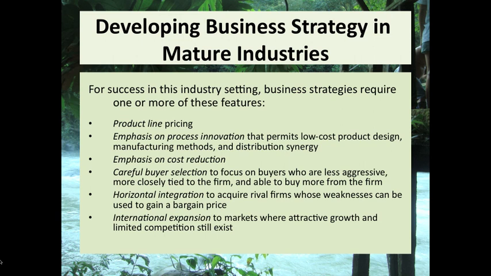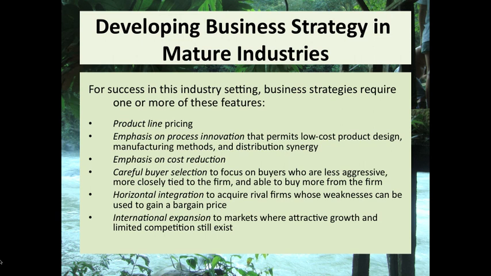So when you're working in a mature industry, it's very important that you've developed a loyal customer group, that you have brand name awareness, brand equity, and loyalty, so that you don't have to compete as much on price, because price will be big in the maturity phase. Pricing for the industry as a whole tends to go down. So it's important that you have developed the production line efficiencies and the economies of scale, so that if you do have to compete based on price, you'll still be able to meet your profit objectives.